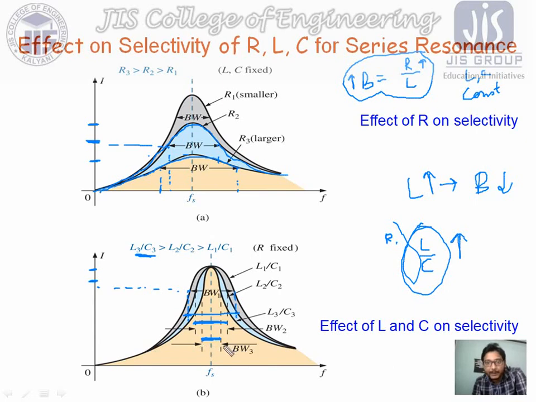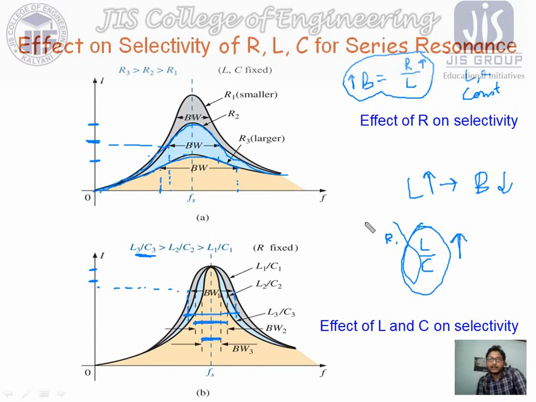And if the bandwidth is minimum, obviously the selectivity will be the highest. That's how we can change the response of the circuit; these are the characteristics of the RLC series circuit.